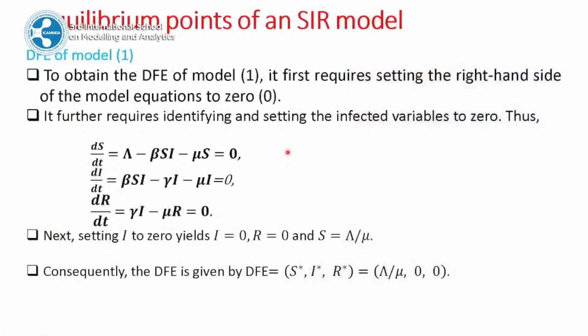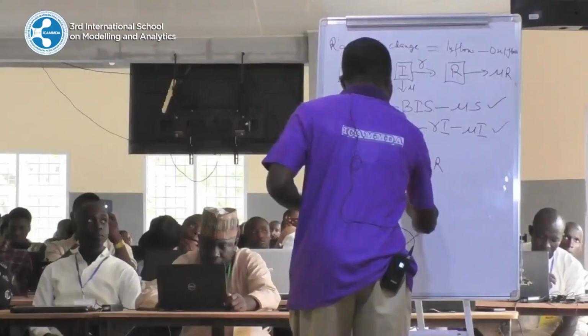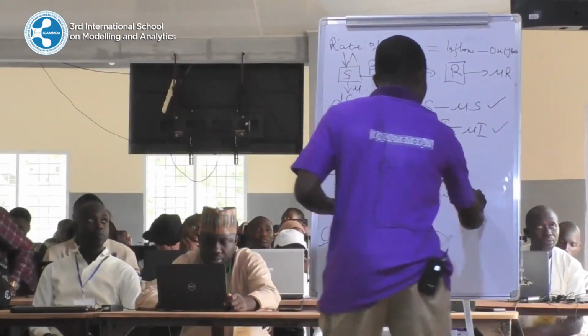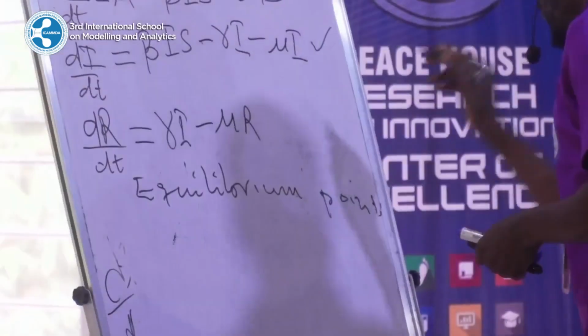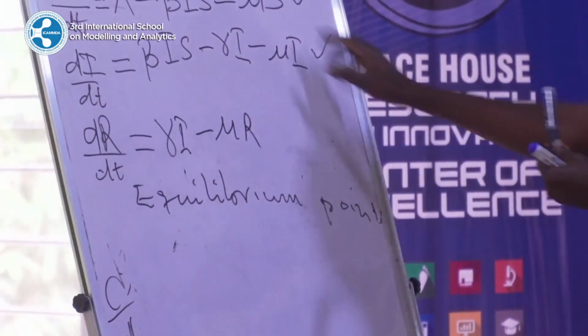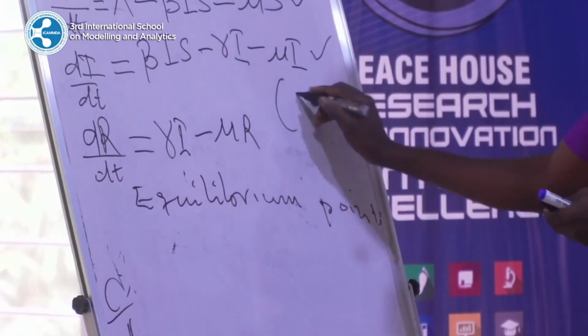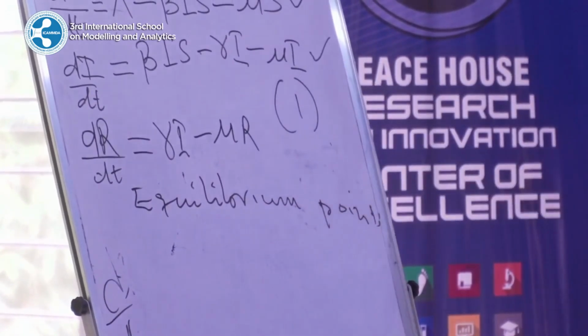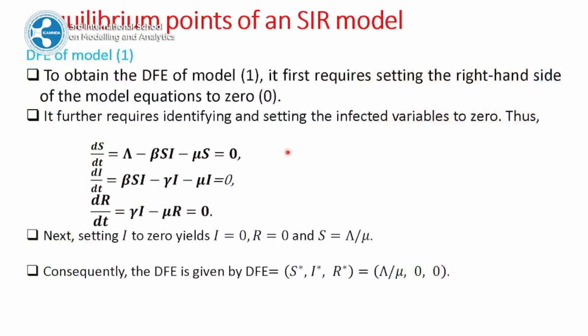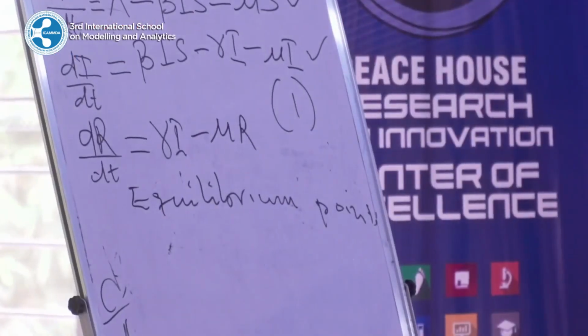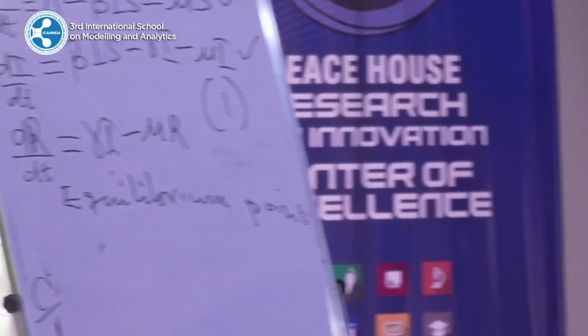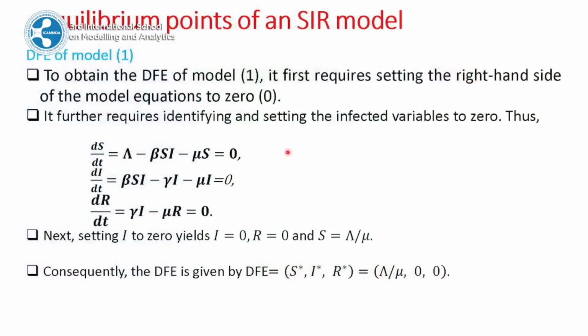If we want to look at the equilibrium points of this model, I will always refer to this as equation 1. Let's suppose I'm using this model to address the dynamics of a particular disease in a location.